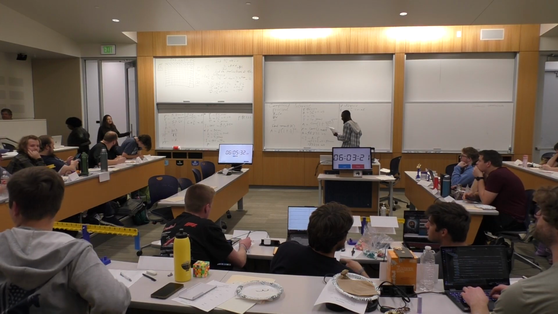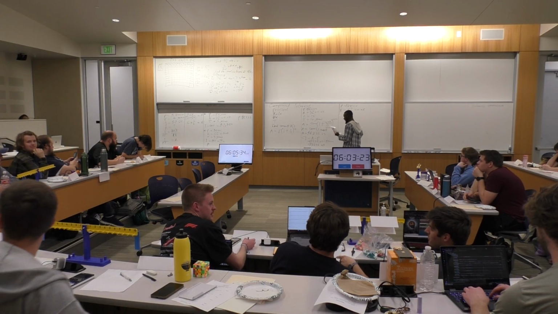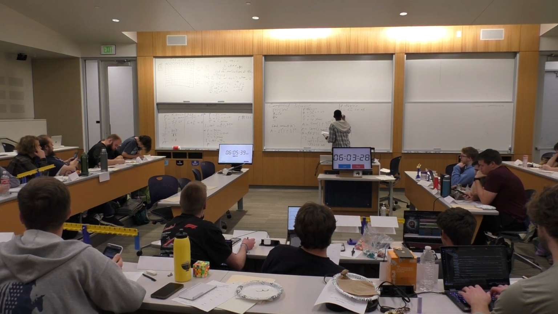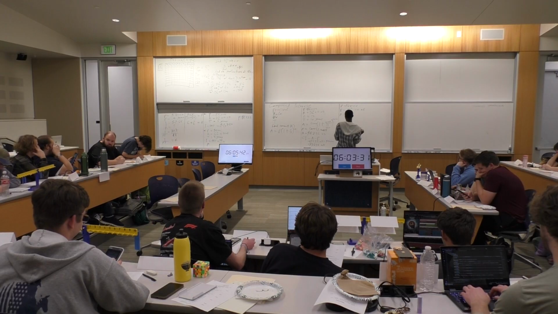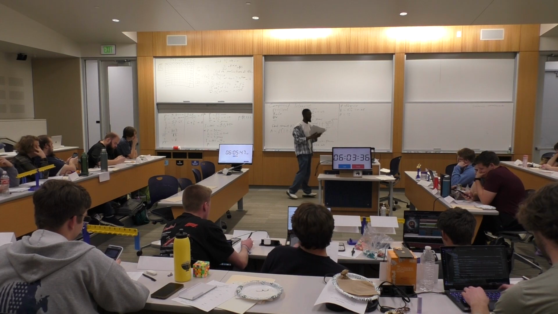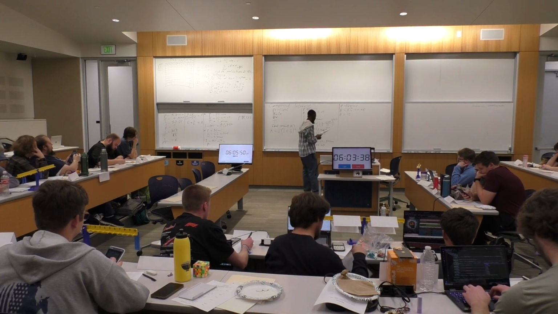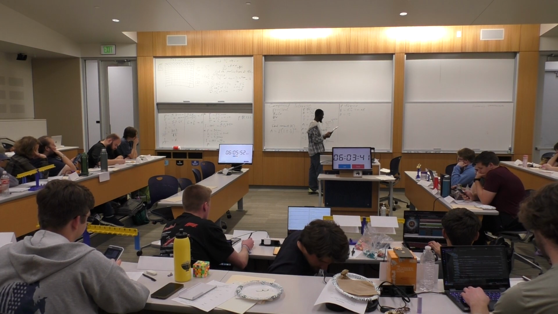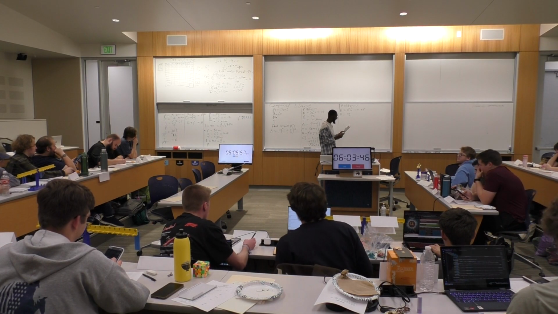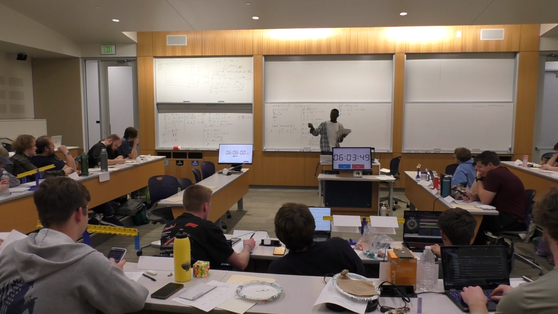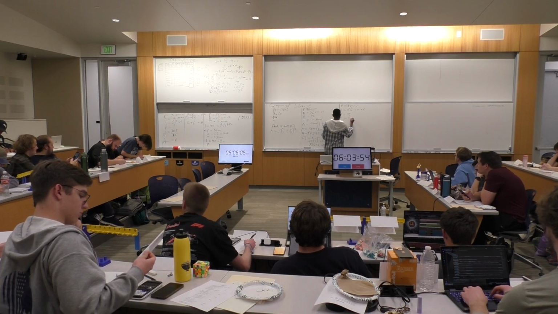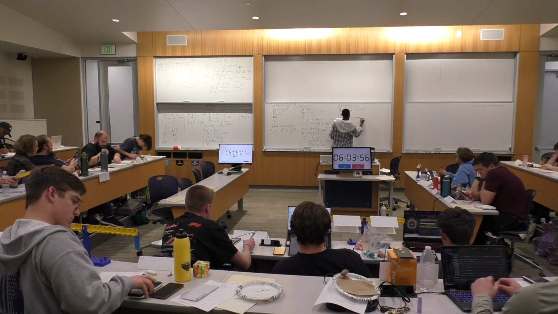The next point, compounded monthly. That means our n will be 12. If it's compounded monthly and we have 12 months in a year, it will be compounded 12 times. And how much money will be in Luke's account after 40 years? So our time is 40 years.